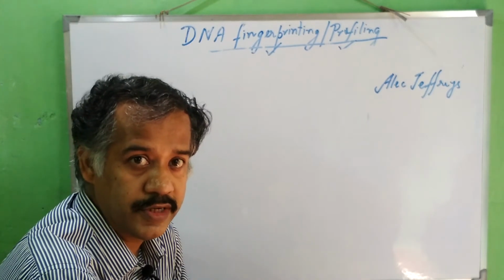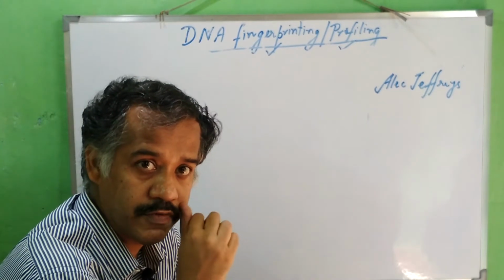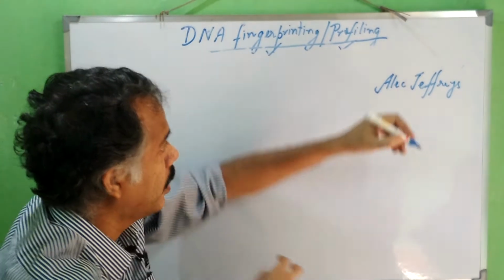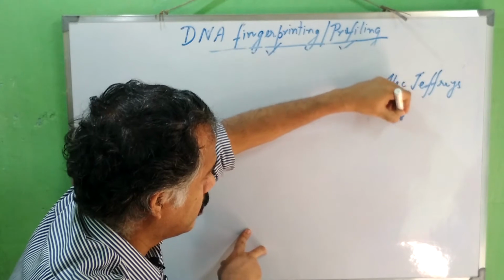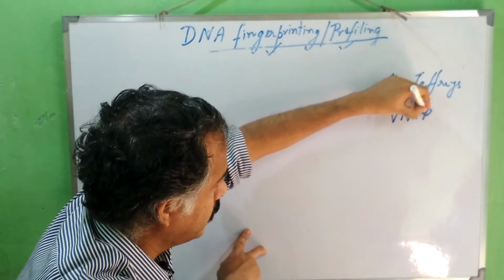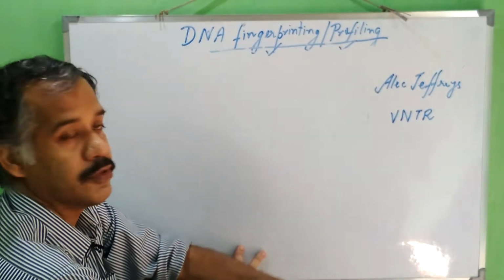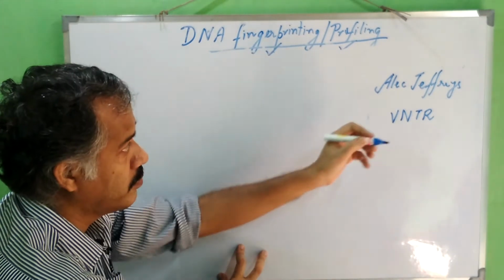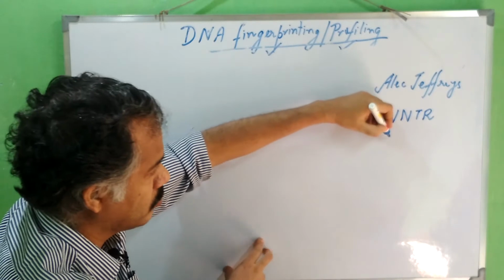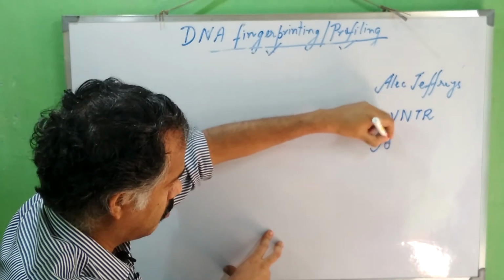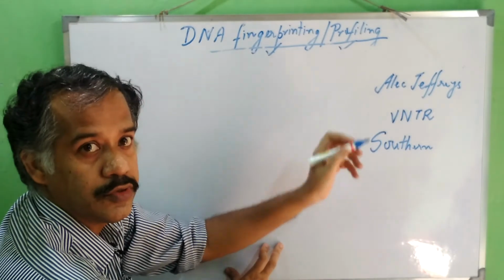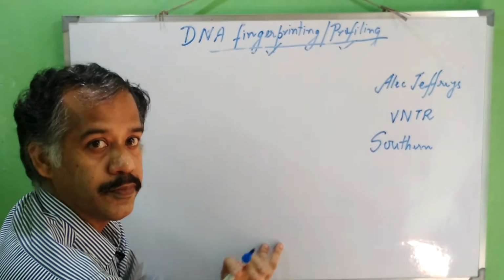The number of mini satellites, the stretch, the number of repeats in the array was varying from person to person, and hence these mini satellites were named as variable number of tandem repeats. And Jeffreys realized that he could use this with the technique of southern hybridization to identify different people.